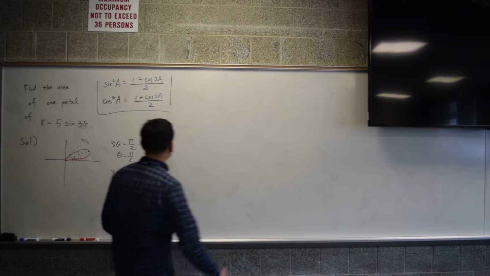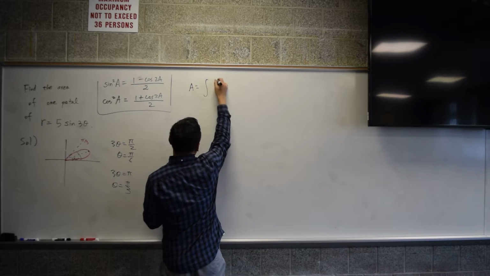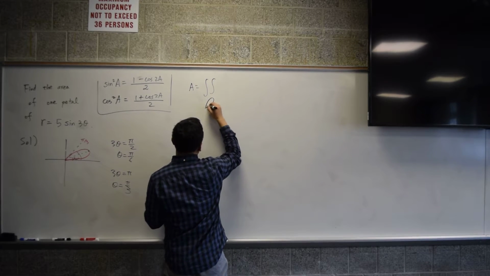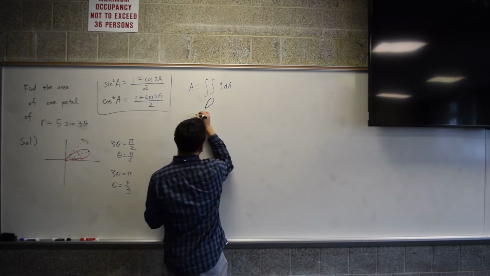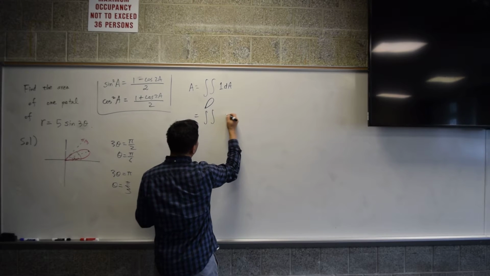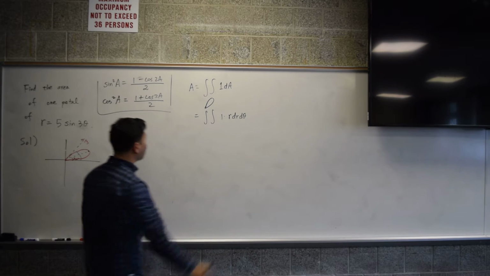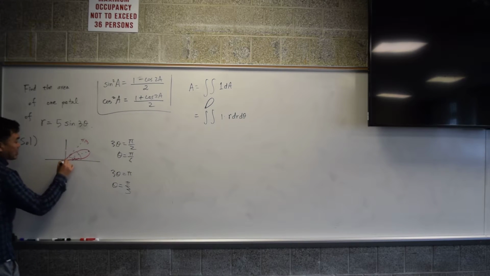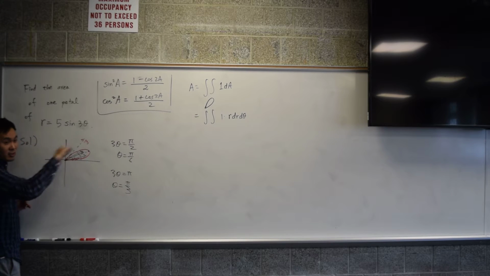All right, now let's actually do the computation. So the area is really integrating over this one petal, this 1 dA, right? And then dA is r d theta. You're trying to paint this radially, right? So where do these paintbrushes begin? 0, right?